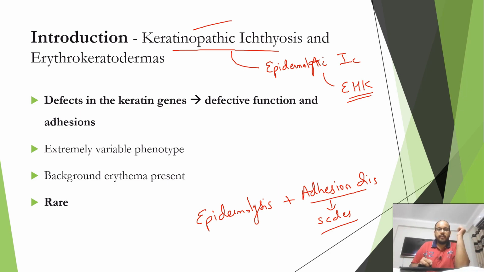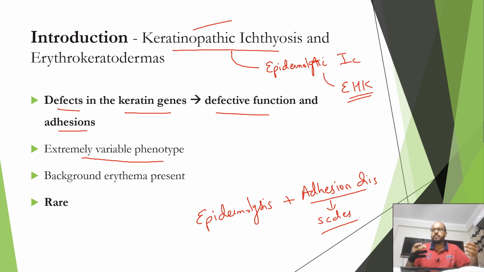In keratinopathic ichthyosis, the defect lies in the keratin genes and this leads to defective function and adhesion. It's an extremely variable phenotype because there are a lot of keratin genes. We have learned in our discussion on epidermolysis bullosa, and on the basement membrane zone and keratinization, that so many keratin genes are implicated.